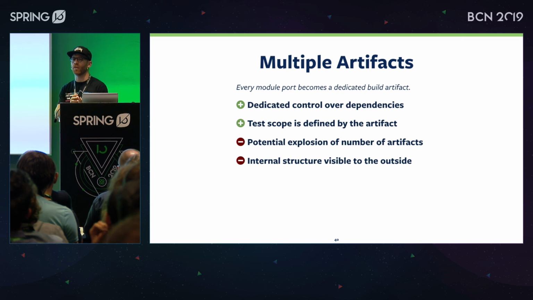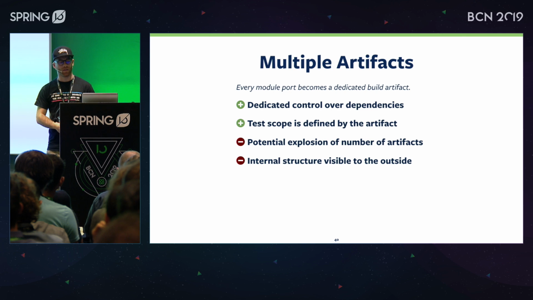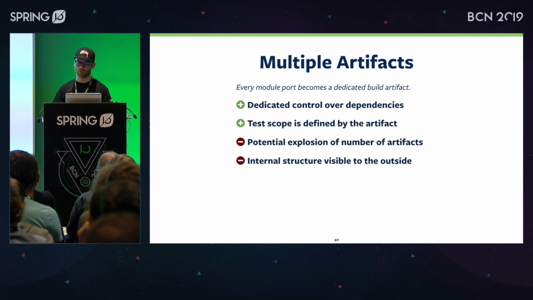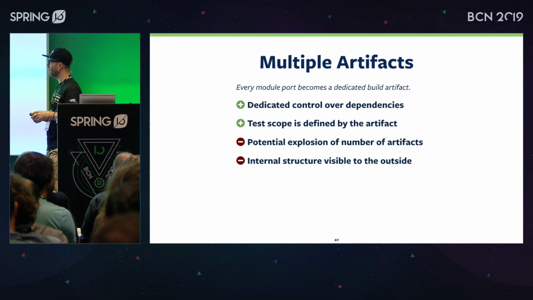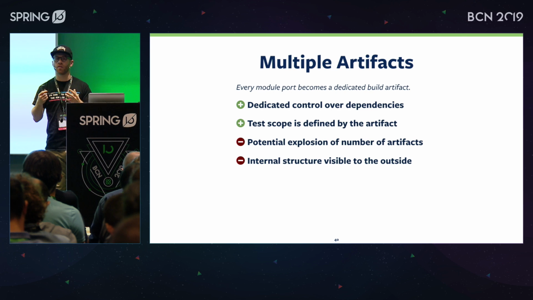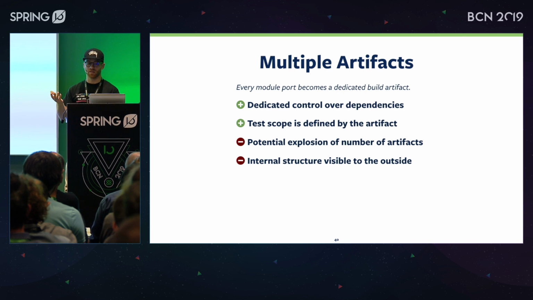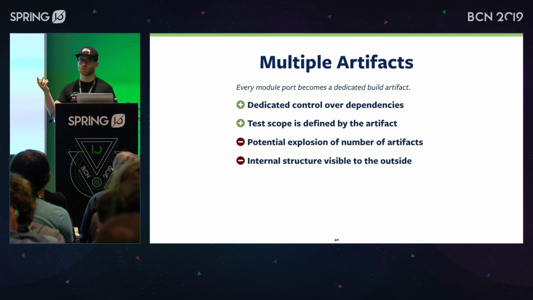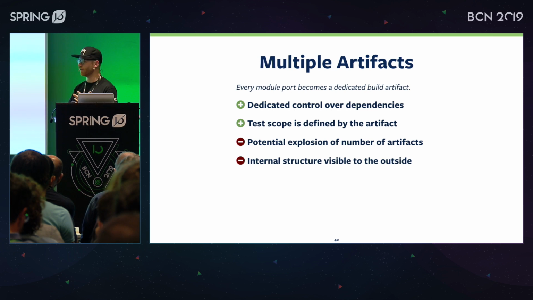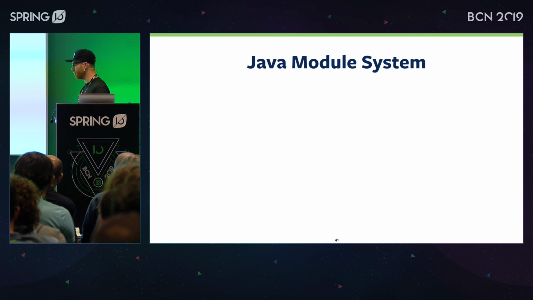Because we're going to deploy them all at once anyway, and just try to maintain the structure in a different way. What it also means is that the internal structure is now all of a sudden visible to anyone on the outside. Because of the jars probably getting published into some Maven repo, right? So someone else trying to use your piece of software would then just have to get together and select a couple of jars together.